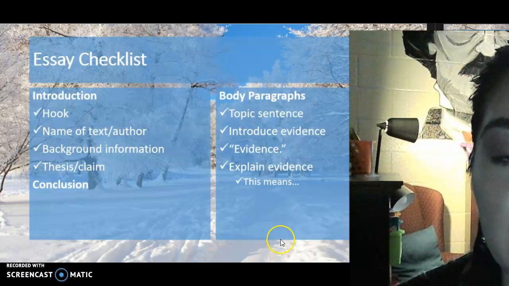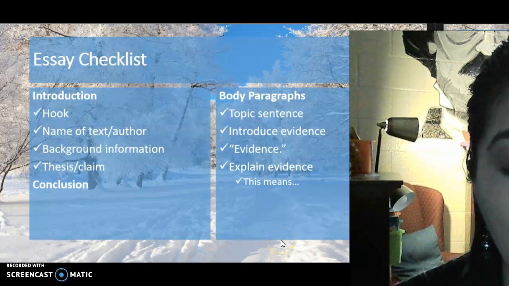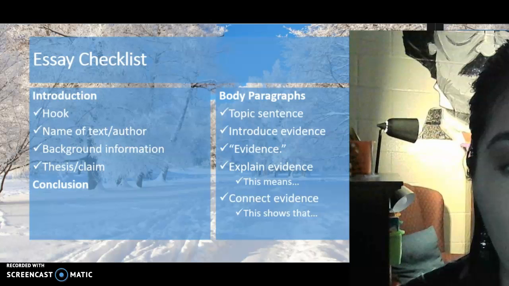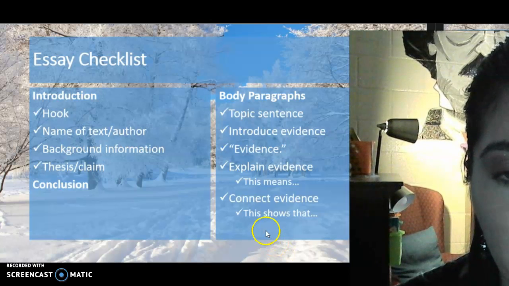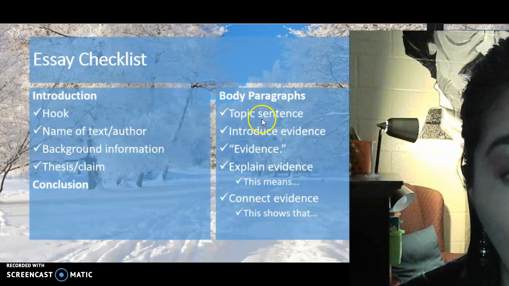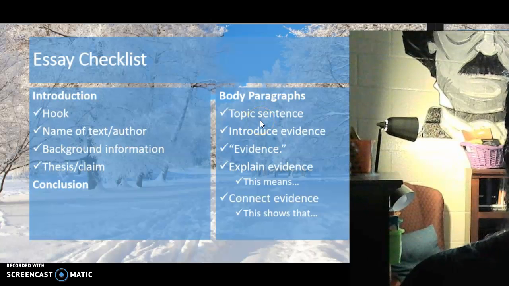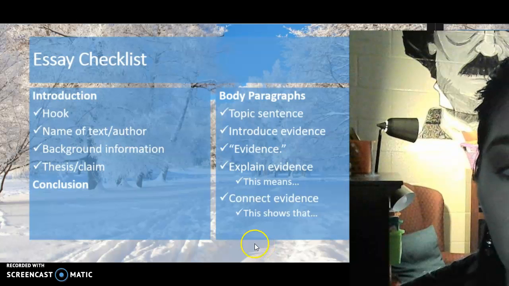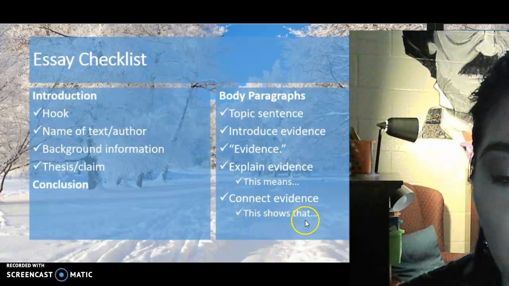Next, you want to explain your evidence. If all else fails, you can fall back on the phrase, "this means that." After you explain your evidence in your words, you then want to finally connect your evidence. Connect it back to your topic sentence or the point you're trying to prove in this paragraph. Again, if all else fails, you can rely on the phrase, "this shows that."